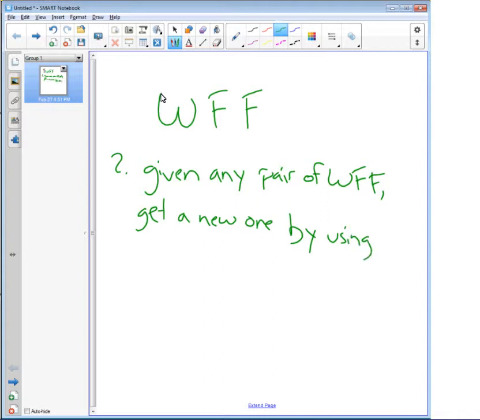So we can use a dot, a wedge, a horseshoe, or a biconditional. We can use that to connect any two formulas. So we can have A and B and use a dot to connect that, so that's a new formula there.